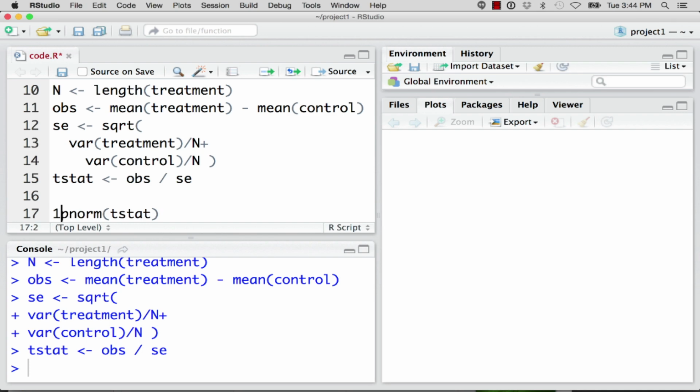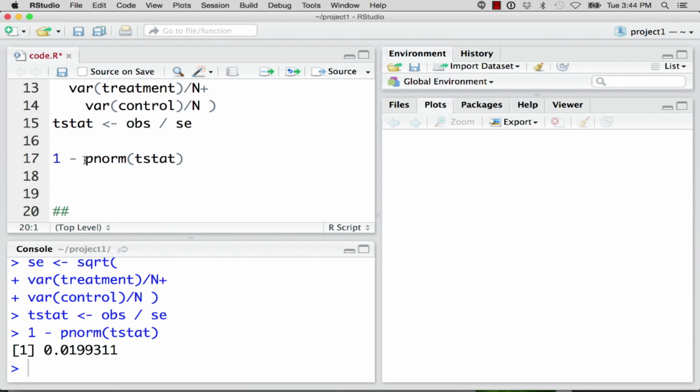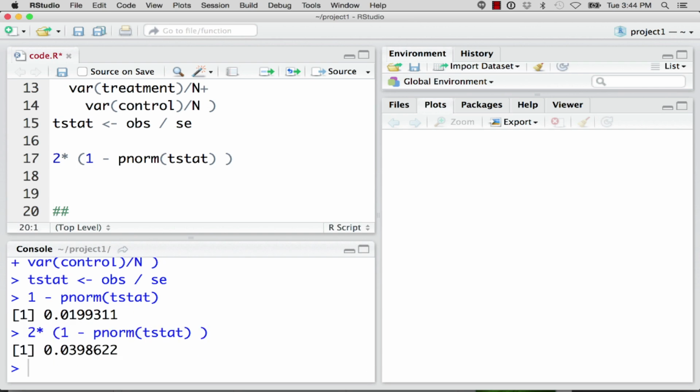So the p-value would be given to us by that. Now that's only bigger, so if we want to test bigger or bigger in absolute value, then we multiply that by 2 because we need the two tails, and we have ourselves an estimate of a p-value.